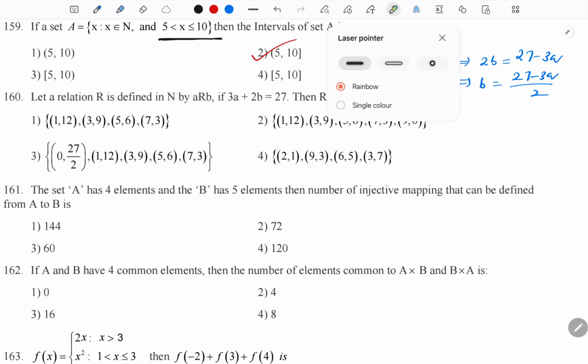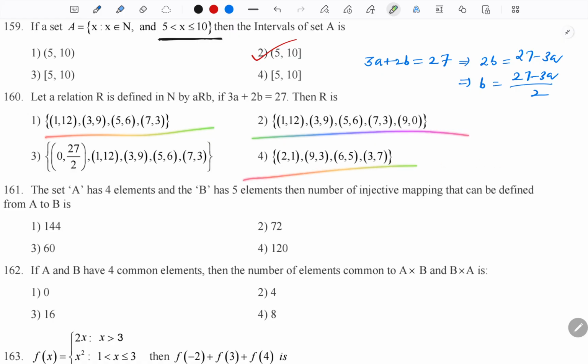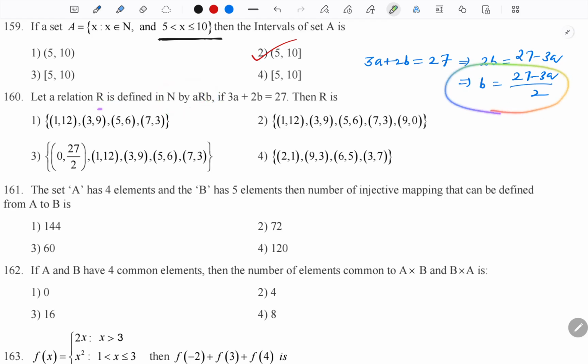If I take a value and observe, the first option I am checking, next the second, next the third. Also make sure, students, that it is defined on natural numbers. Your result should always be a natural number. It should not be integers or anything like that; it will not be the correct answer.